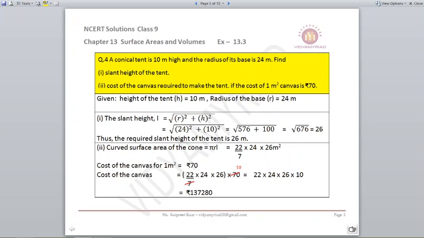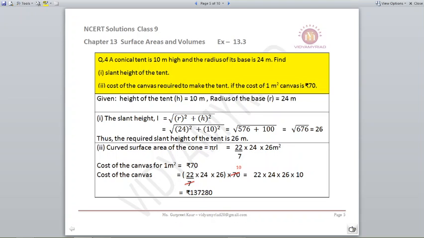Now children, if you see here, I have not reduced it, I have not solved it. My intention behind that is, in the second part of my question, my cost given is rupees 70. So my calculation can become easier. I have 7 in the denominator, so if I cut it with 70... I know 1 meter square cost is rupees 70.